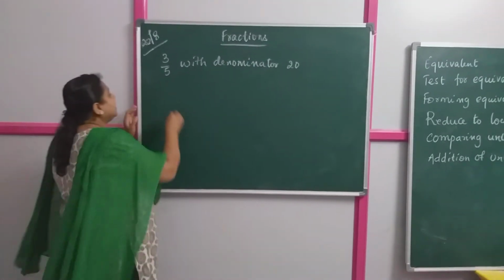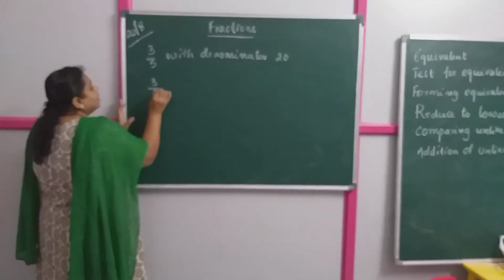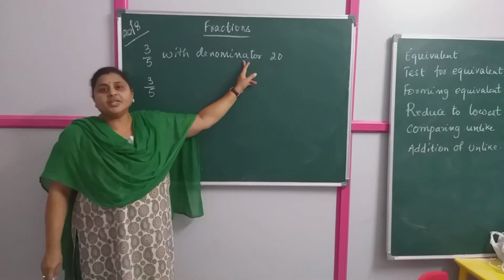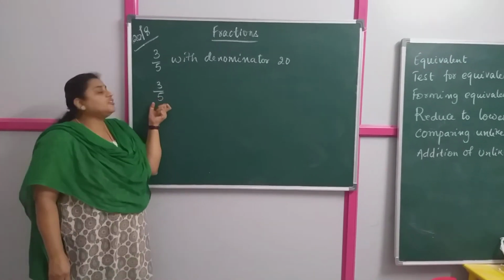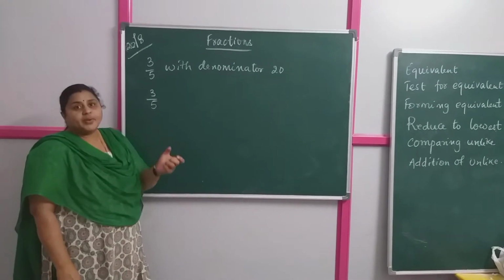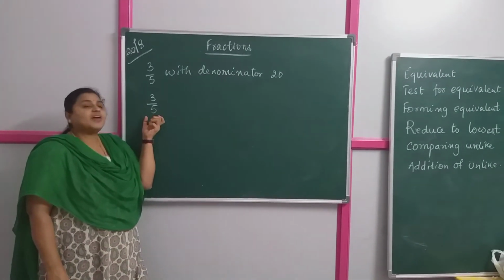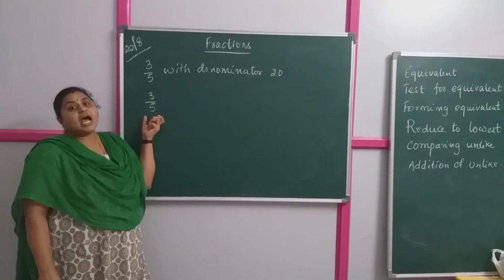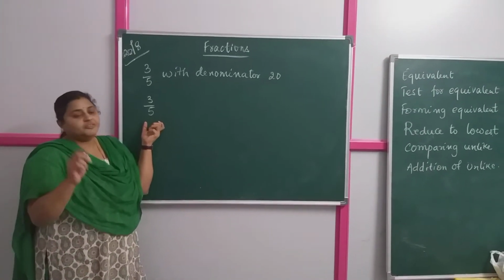Now see children, let us take 3 by 5. In order to make the denominator 20, what do we need to do? What is the denominator of this fraction? 5. Now I have to change 5 to 20. Check it out: 20 in 5, how many times? 4 times.